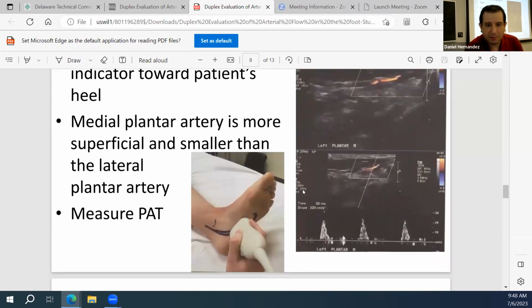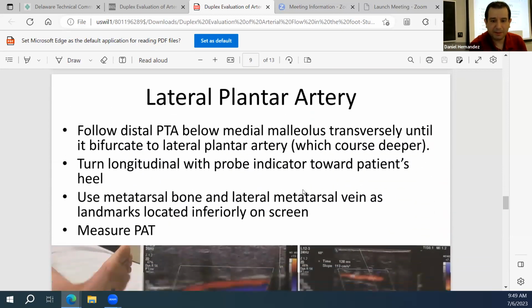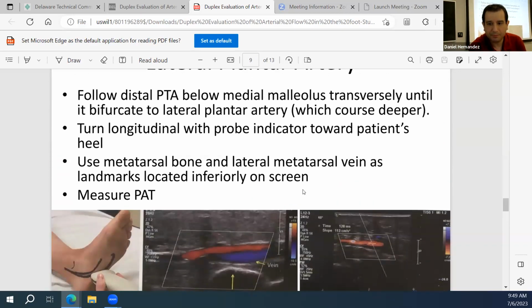The medial plantar artery is more superficial and smaller than the lateral plantar artery. So we angle our transducer, rotating our transducer more medially along the course of that artery, and more laterally for the lateral plantar artery.